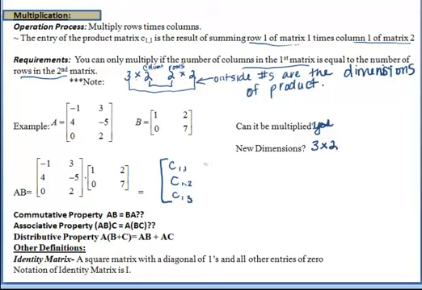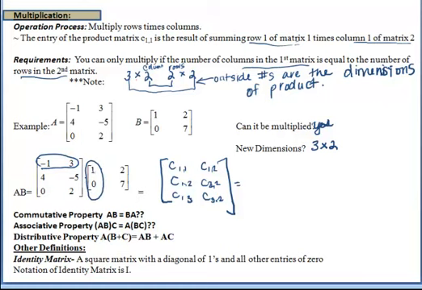This is row 1, column 2, C1,2. Sorry, this is row 2, column 2. This is row 3, column 2. So we just need to find out what those are equal to. So the idea here, like I said at the top, is that this entry right here is the mix of taking my row 1 times my column 1 and summing them up together.